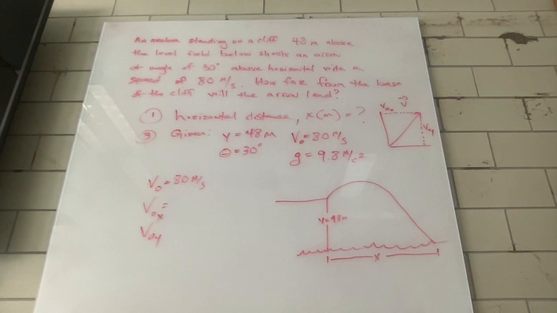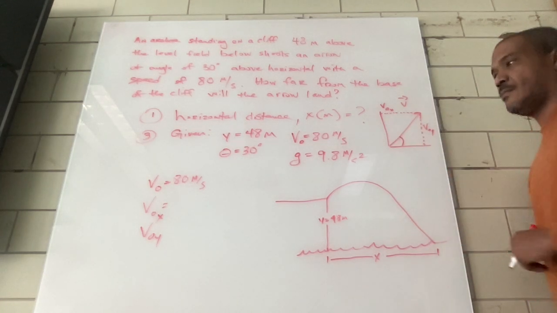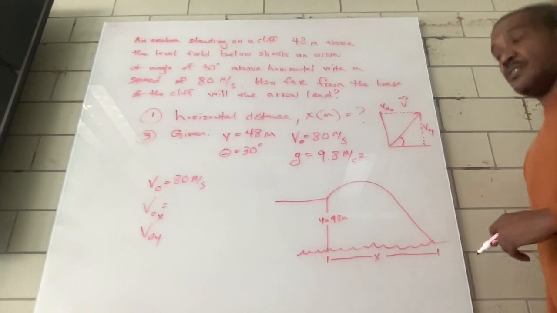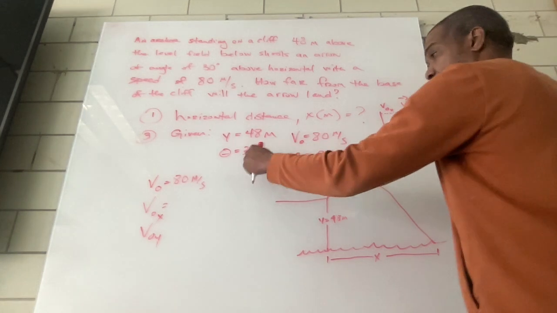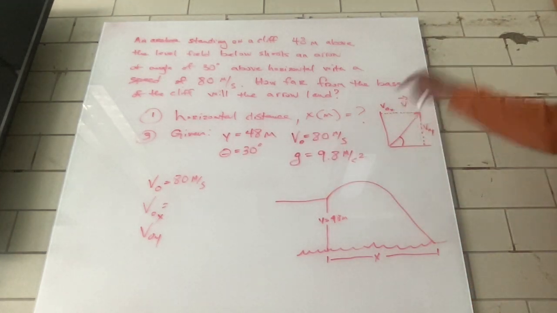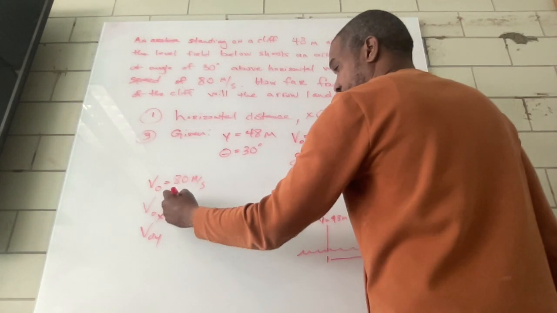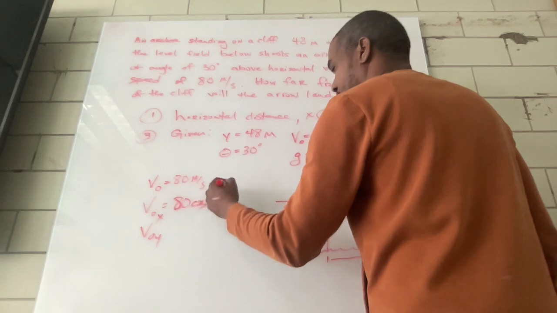You're missing the understanding here. This is the angle right here. It's not gonna be 80. Sorry, this is 30. So the angle it comes off at is 30, so it's gonna be 80 times cosine of 30 degrees.